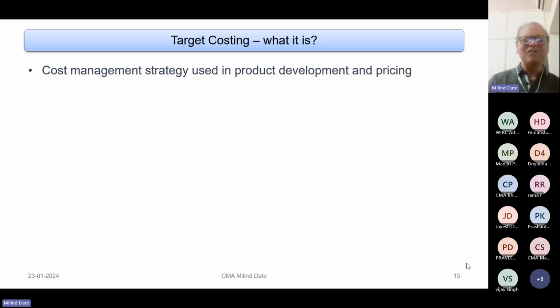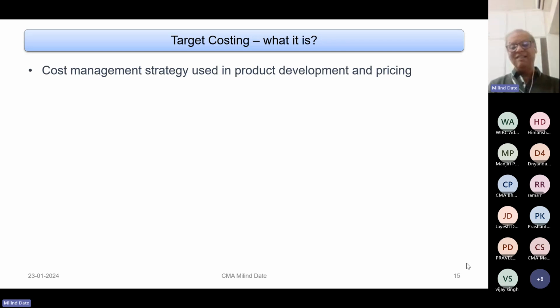Now it's not only Tata Nano. Any new product development you do, any new product you need to price, you have to take a call. See, if you look at traditional costing methods, you determine the cost based on the historical cost principle. You collect all the historical expenses, and then price is set to cover these costs plus your desired profit margin.